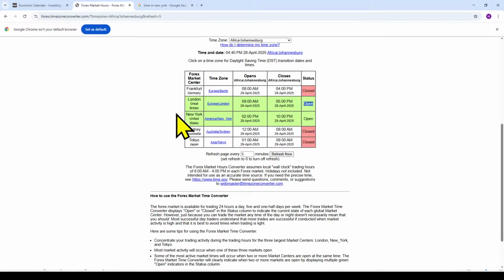You can see that the London session is open. Interesting, okay? So the London session starts at 9 a.m. and it ends at 5 p.m. Okay, South African time.